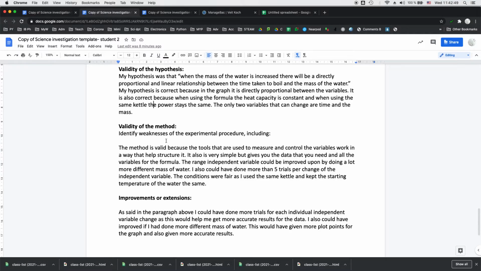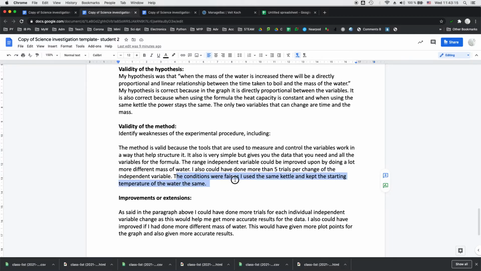Validity of the method. And the validity of the method here says is valid because the tools that are used to measure and control the variable work in a way that help to structure it. Okay, 5 trials. Good, that's useful to put something like that in there.